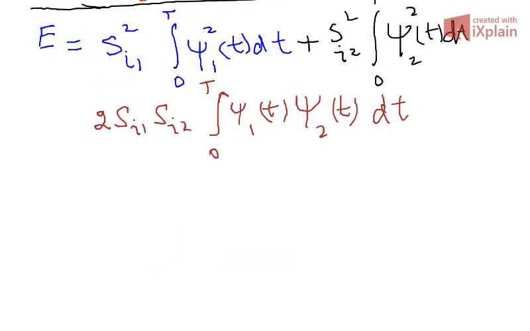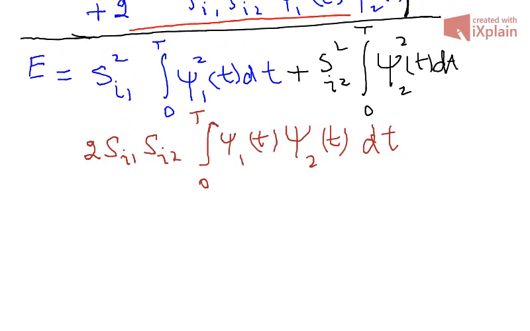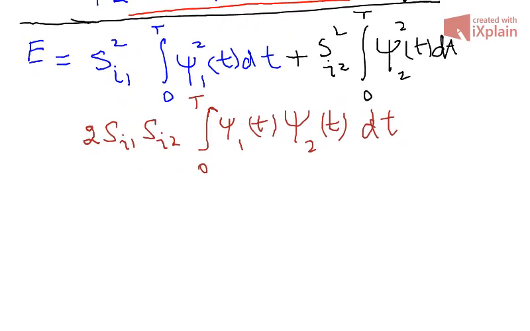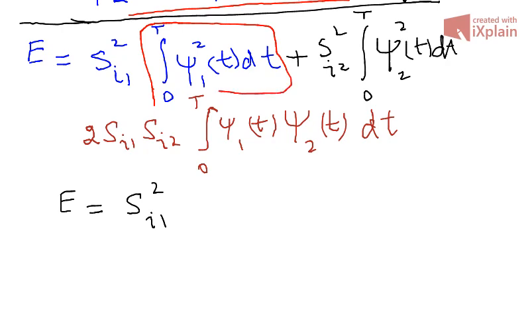Okay, now let me recall this identity. Our energy is equal to ψ1 square. Now why I write from the first term, if you see over here, this integral from 0 to T, this integral, this is the square of the orthonormal basis function.